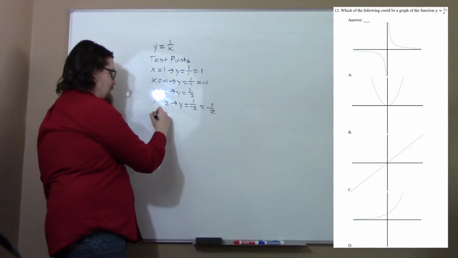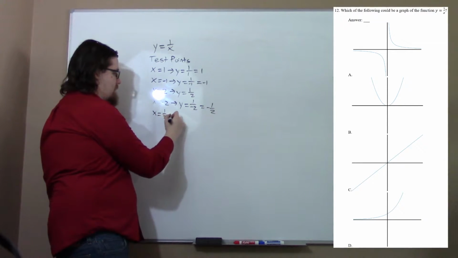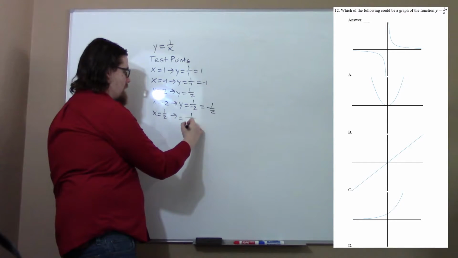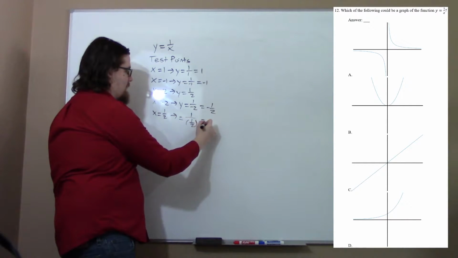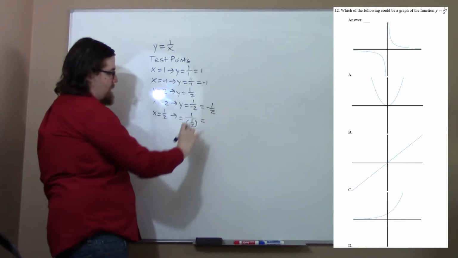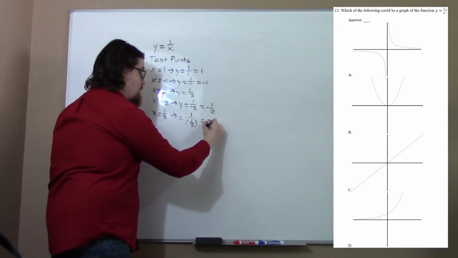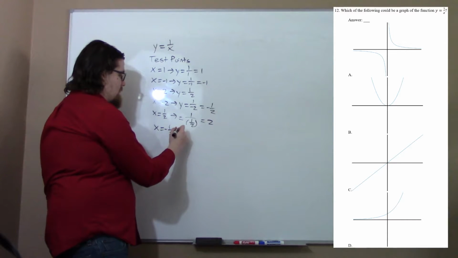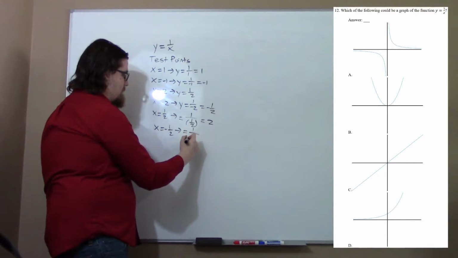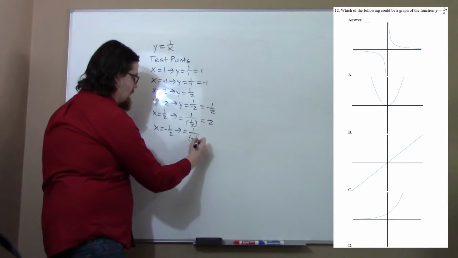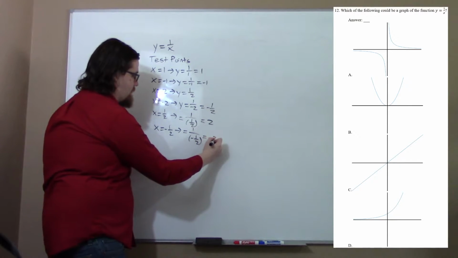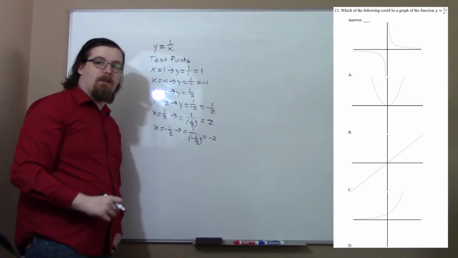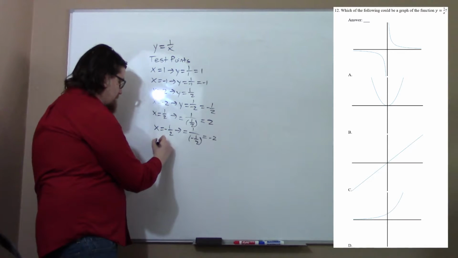If we look at x is equal to 1/2, we get y is equal to 1 divided by 1/2, which is the same as, the fraction flips when it's in the denominator, so we get 2. Next we have x is equal to negative 1/2, which gives us 1 divided by negative 1/2, which gives us negative 2.